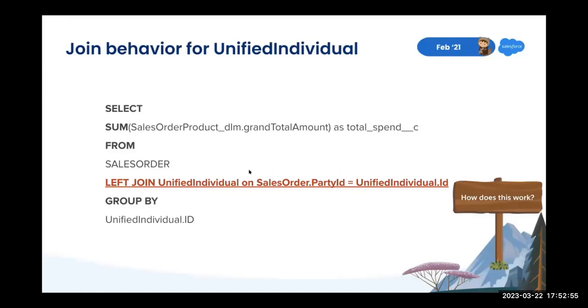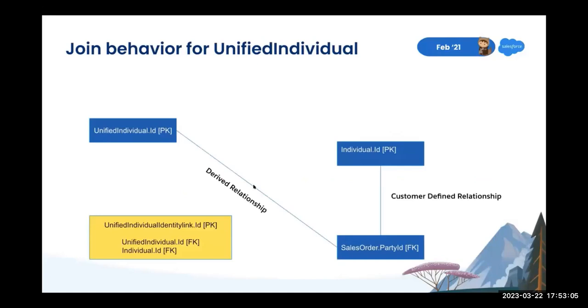The reason I have it here is that I wanted to let you know that we take care of it. You do not need to do these additional joins to make it work. If you look at this diagram, the sales order.party ID is related to the individual ID. Internally, we have the unified individual identity link object, which maps the individual ID with a unified individual ID.